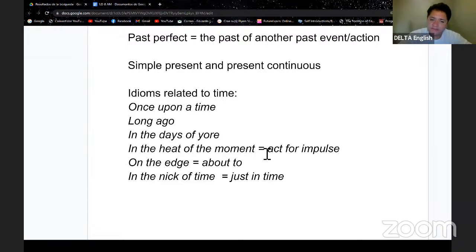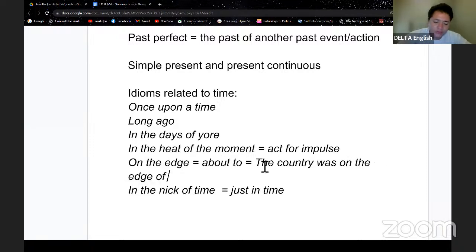Act for impulse. We have on the edge. You can use the expression on the edge, which means about to, right? For example, I could say, okay, let's say the country was on the edge of getting involved in war, right?